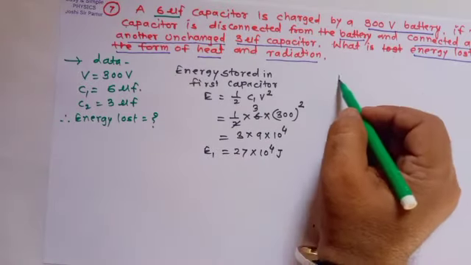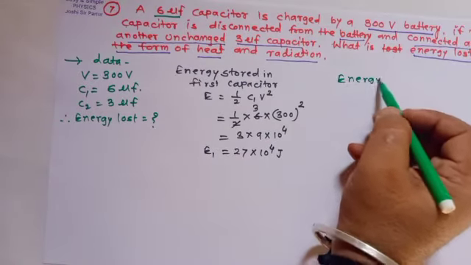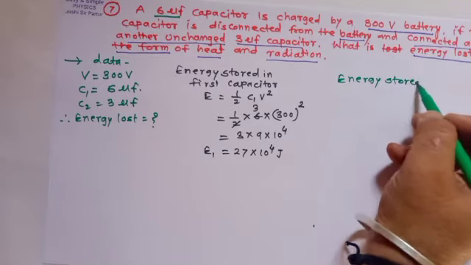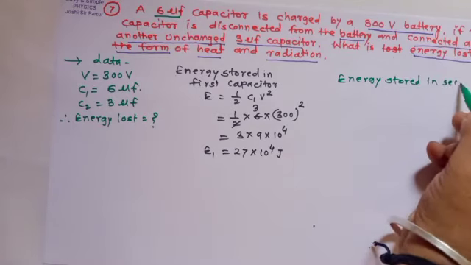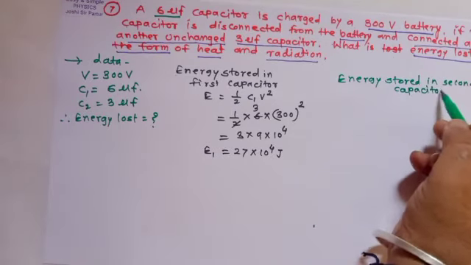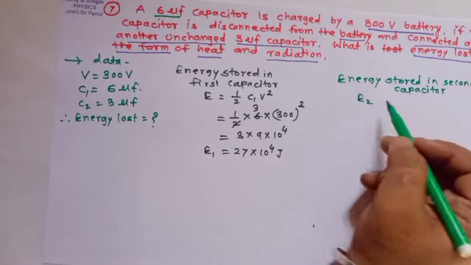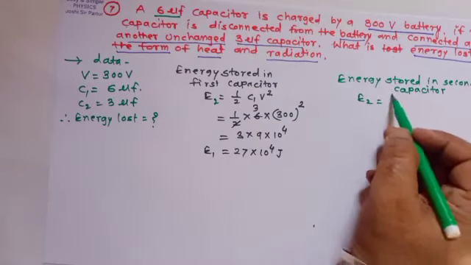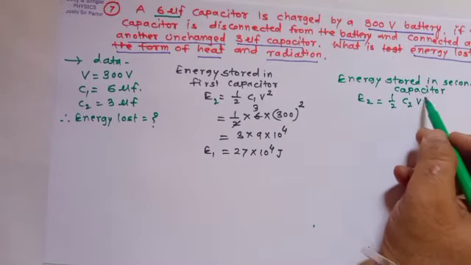So energy stored in the second capacitor will be E2 is equal to half C2 V square.